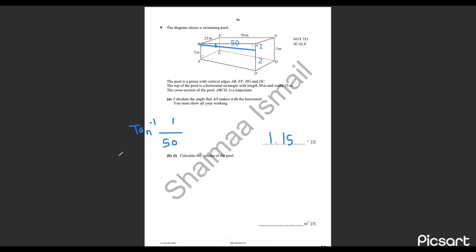And here, if you want to calculate the volume of the pool, we get the area of the cross section multiplied by the height, and he says that the cross section of the pool is a trapezium. So here we have 2 bases, so it will be 2 plus 3, half of 2 plus 3, multiplying by the height here.